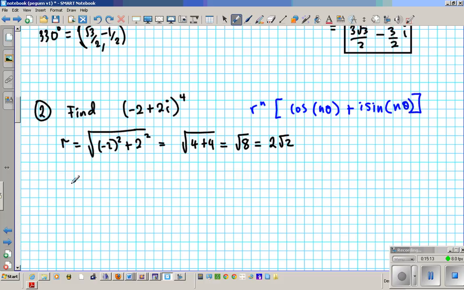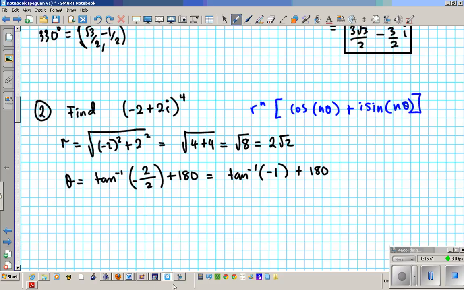Okay? To find theta, we're going to take the inverse tangent of y over x, or inverse tangent of b over a. So it's going to be inverse tangent of 2 over negative 2. Since x is negative, we have to add 180, okay? Or pi. Add 180 or add pi. So that equals the inverse tangent of negative 1 plus 180.